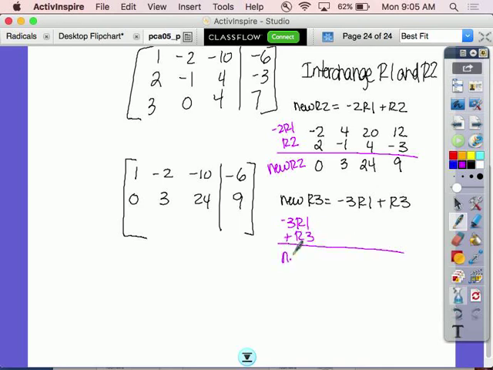And that's going to give you the new row 3. So that'll be -3, 6, 30, 18, and then 3, 0, 4, 7. Oh, I'm not changing anything there. And so now we'll have 0, 6, 34, 25.